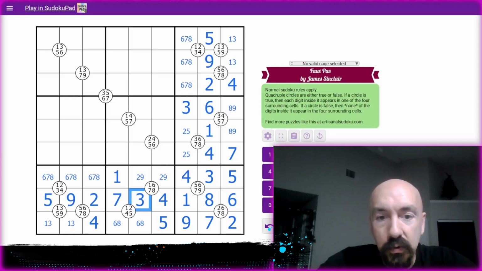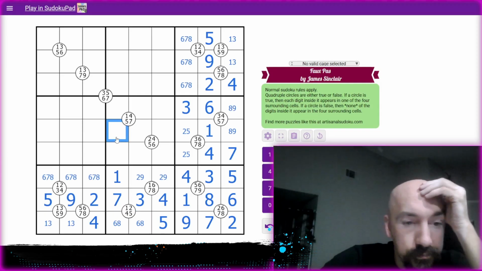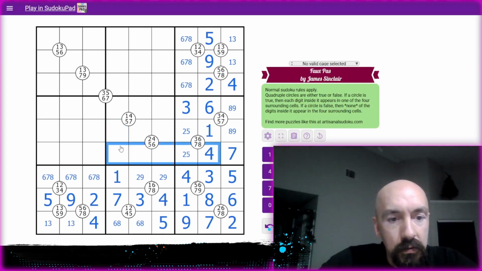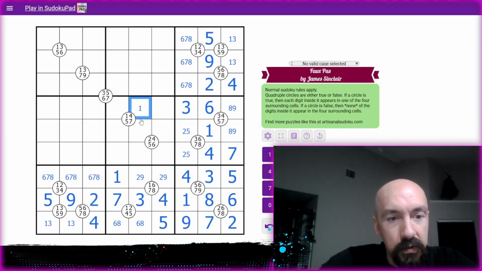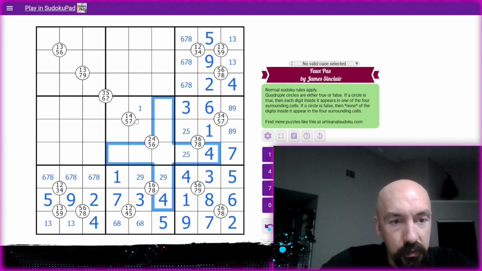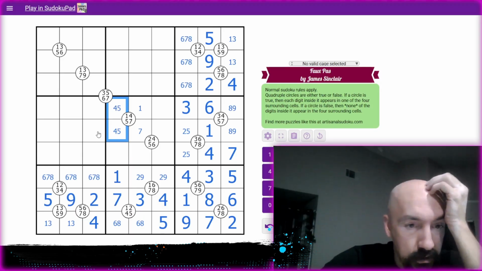Okay, what do I have for box 5? Box 5, both cannot be true. Okay. 4 and 4. Okay, so if they both cannot be true, I'm going to try if 1, 4, 5, 7 is true. This would have to be a 1, 4, 4. Then this cannot be the 4, so then the 4s would go here. This would have to be the 7, so this would be a 4, 5 pair.